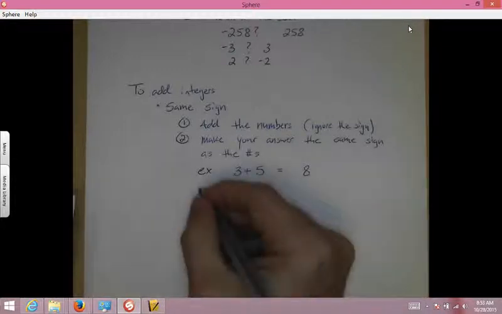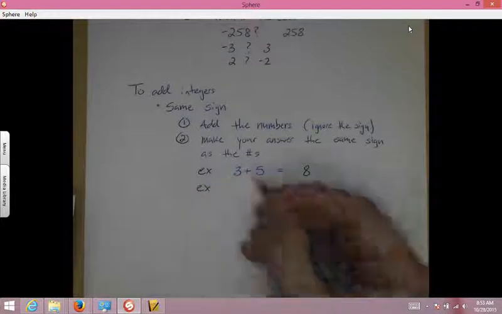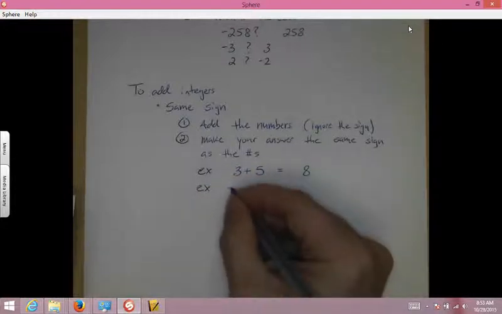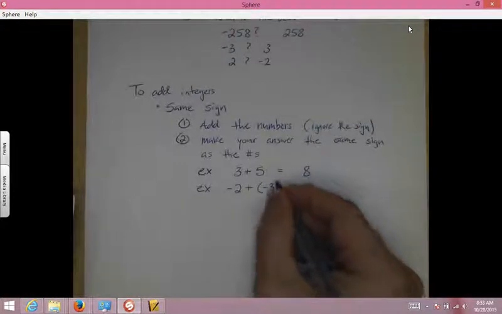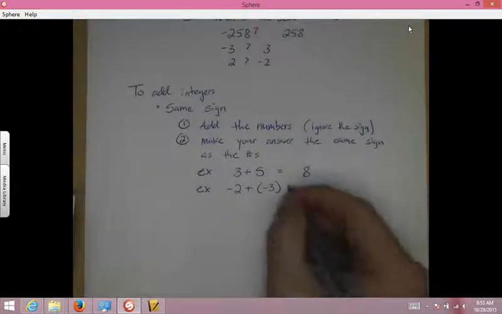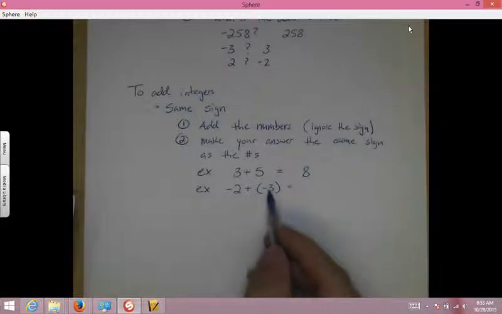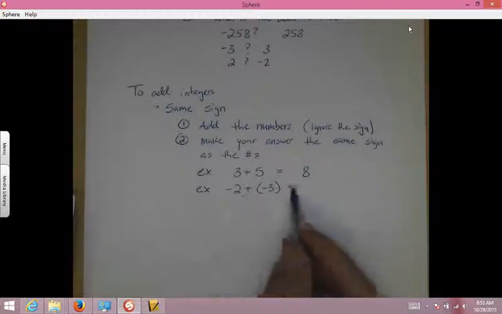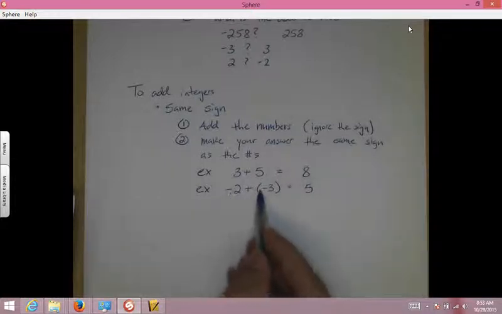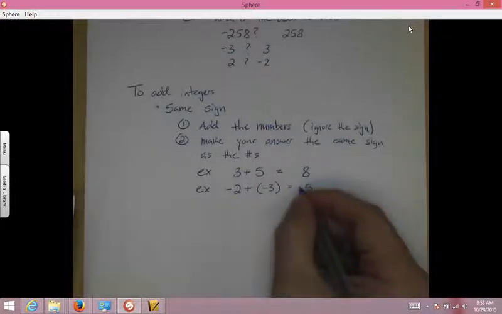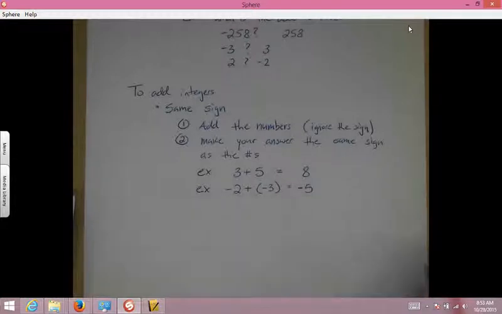Wow. Now, let's do the same sign one with negative numbers. -2 plus a -3. Now, I'm going to ignore the signs at first and say, well, 2 plus 3, first grade style, 2 and 3 make 5. Since these numbers are both negative, my answer is going to be negative. Done. It's easy.